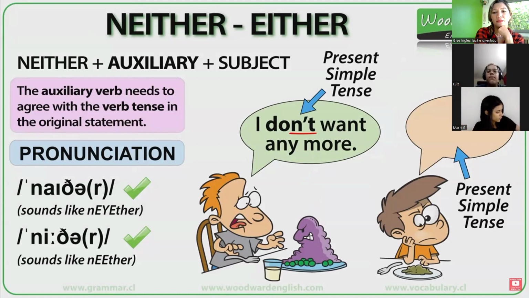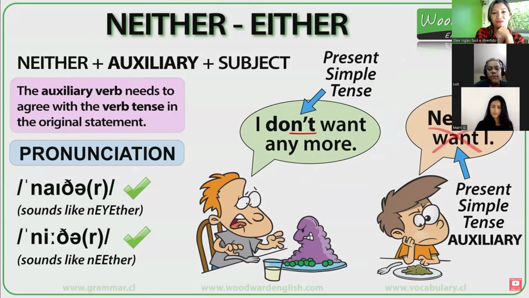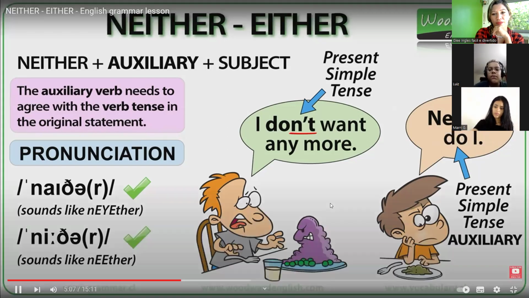However, it is not to be. It has the verb want. Do we respond with neither want I? No, we don't. We do not respond with the same verb. We need to use an auxiliary verb. We say, neither do I.